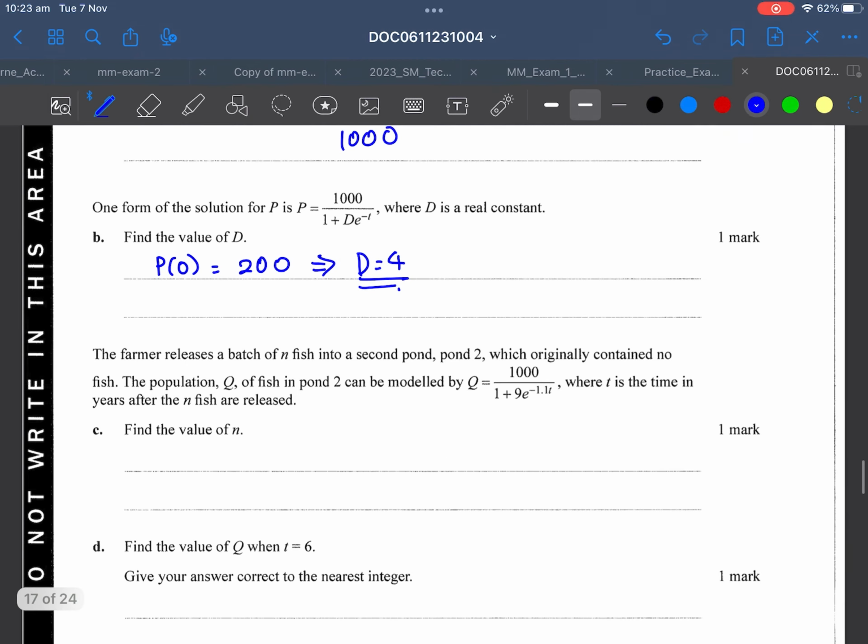The farmer releases a batch of N fish into the second pond, which originally contained no fish. The population of that pond can be modeled by this, where T is the time in years after N fish are released.